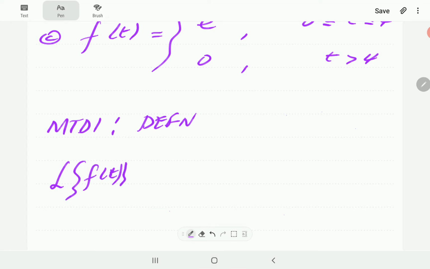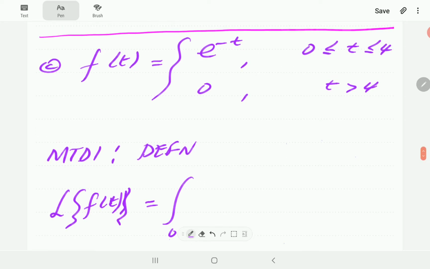So if we do that, the Laplace transform is the integral from 0 to infinity, but this one we first going to have the interval 0 to 4, where the function is e to the minus t.